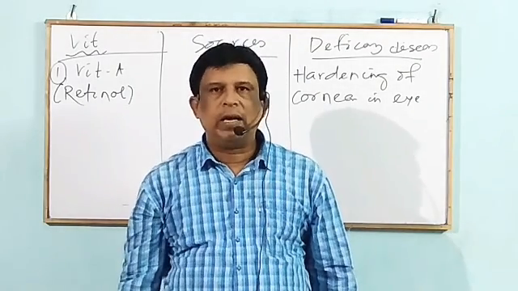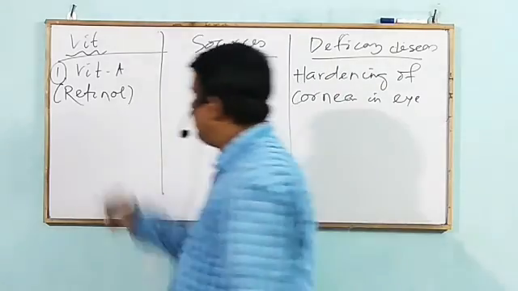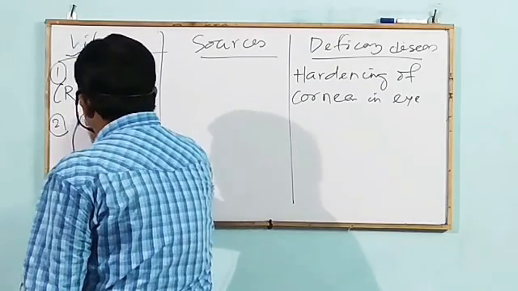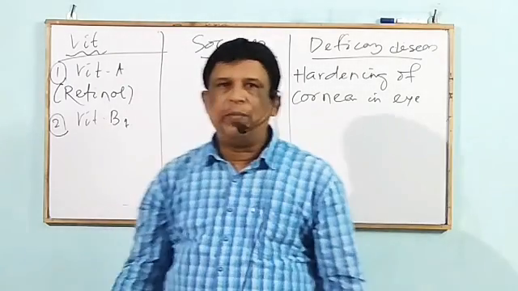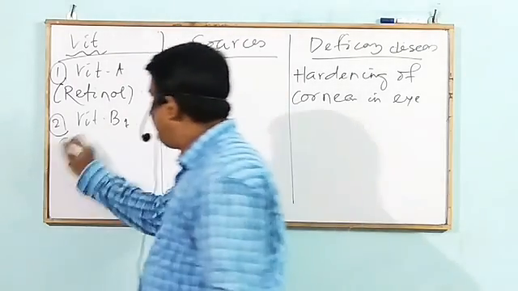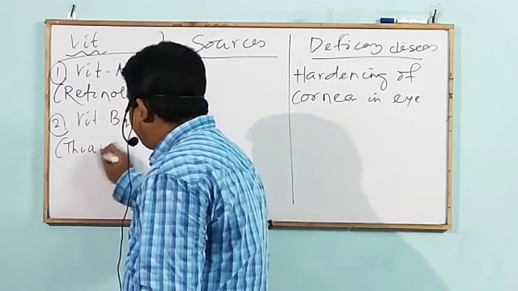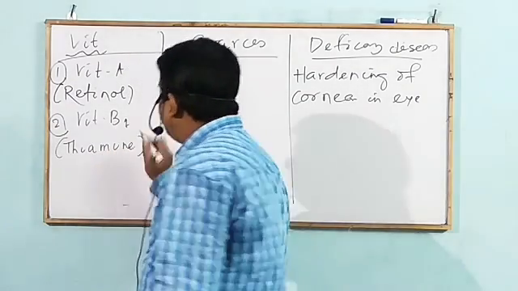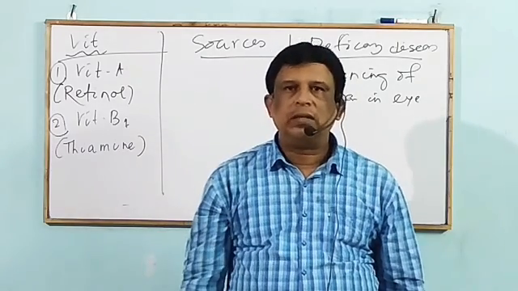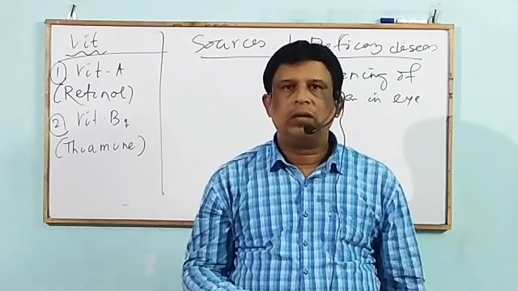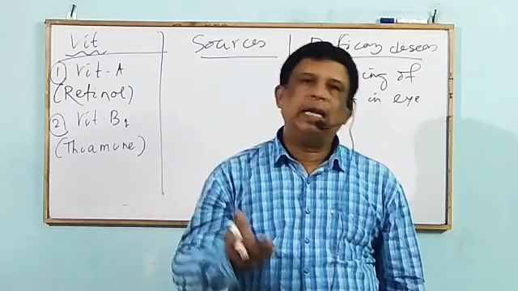Next, second one is vitamin B1. Its chemical name is thiamine. Its sources are rice polishings, egg yolk, milk, and green vegetables.